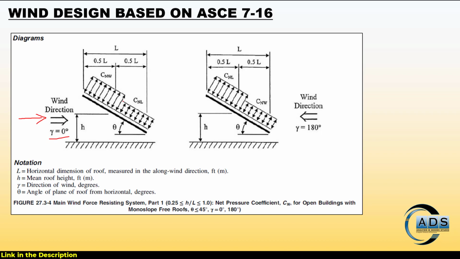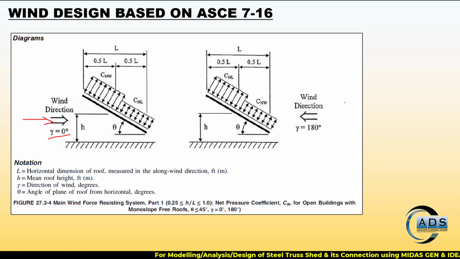It is not dependent upon left to right always, because if the structure is like this one, so wind direction 0 is from this side, right to left, right? So it is necessary to understand the concept. Okay, so wind direction gamma is 0 from left to right here for this particular structure. And for this same particular structure, wind direction 180 degrees from right to left. Okay.